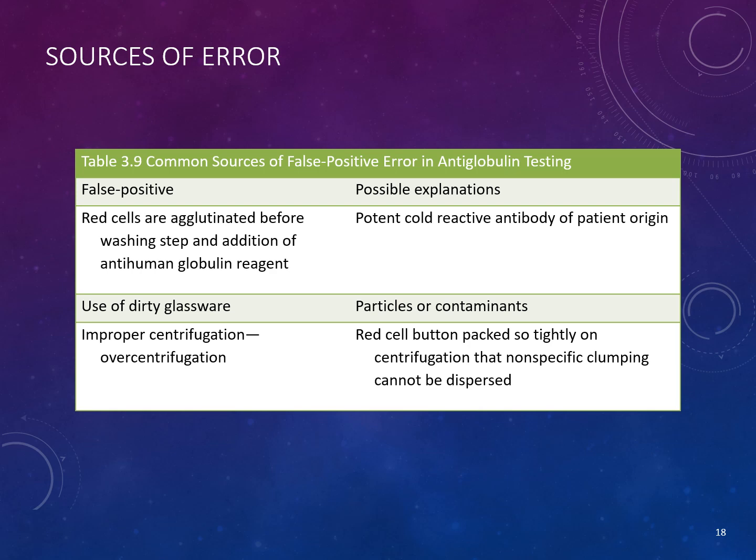Another cause is using dirty glassware, so particles or contaminants in the test tube cause a false reaction. And improper centrifugation, or centrifuging too long, can cause the red blood cells to pack tightly, so you're unable to shake them off the bottom of the glass tube, and you get non-specific clumping that's really just false.